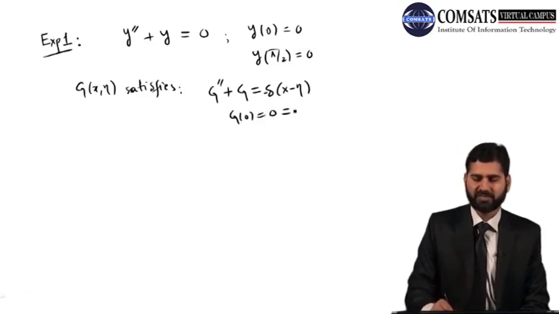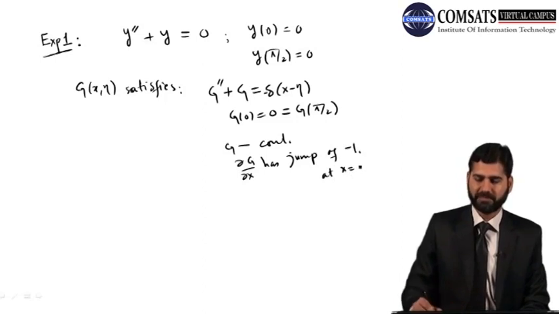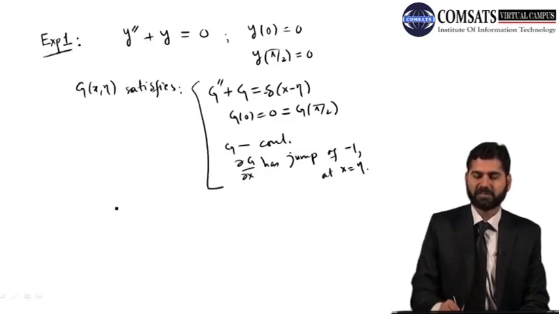With of course the same boundary conditions that g(0) equal to 0 and g at pi by 2 equal to 0, and then we have a continuity that g should be continuous and partial g by partial x has a jump of 1 at x is equal to eta. So this is basically your Green's function problem. So this whole thing should be satisfied.